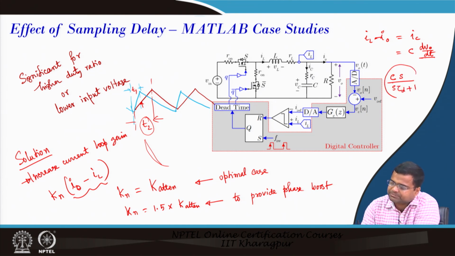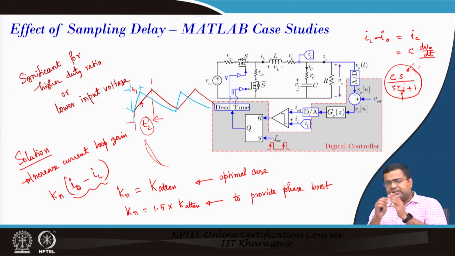We talked about this practical derivative gain in the case of our PID controller. Since this time constant is very small, a zero is coming and that is giving an additional phase.